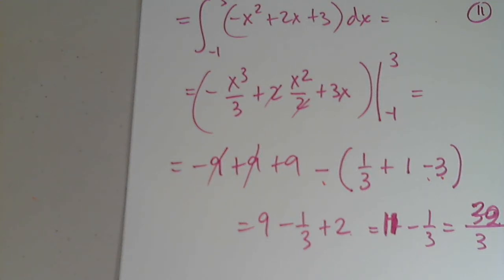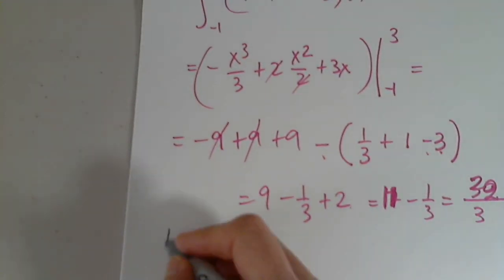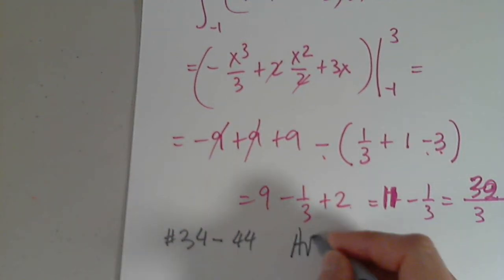I would like to look at the substitution rule, but at the same time, I like to look at a word problem, and especially the average rate, the average of a function. So let's do that. I don't want to forget that. So 34 through 44. So let's find the average.